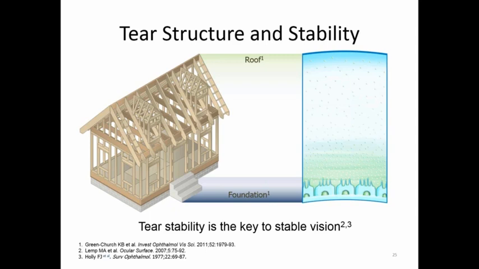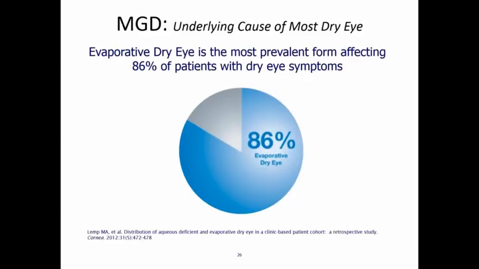And I tell them if there's a hole in the roof and water gets in, it will damage the walls and eventually damage even the foundation. And likewise with an eye that has an incompetent or a non-cohesive lipid layer, moisture will escape and the entire tear film will collapse and lead to symptoms like the ones that brought them in to see me.